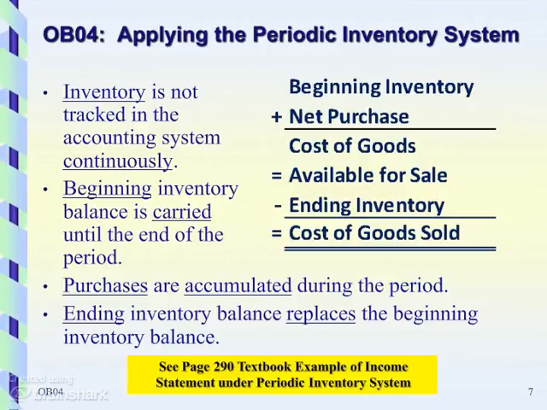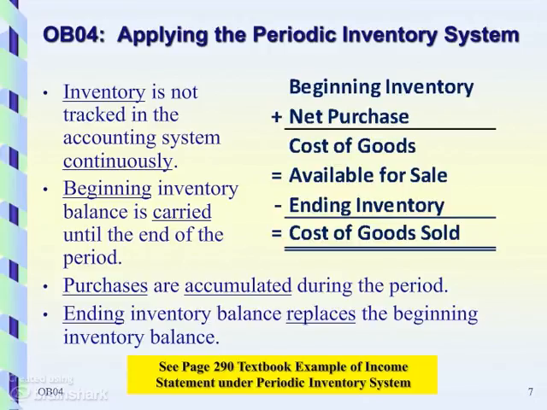The cost of goods sold must be calculated by first determining the cost of goods available for sale, and then adjusting for the ending inventory balance that you have on the balance sheet. Under the periodic inventory system, inventory is not tracked in the accounting system on a continuous basis as it is under a perpetual inventory system.